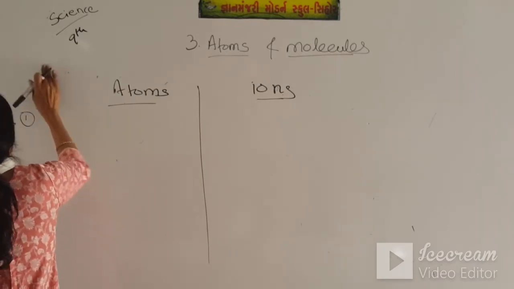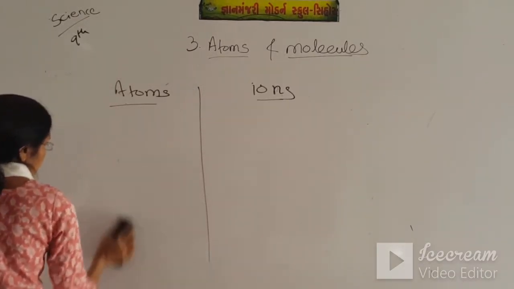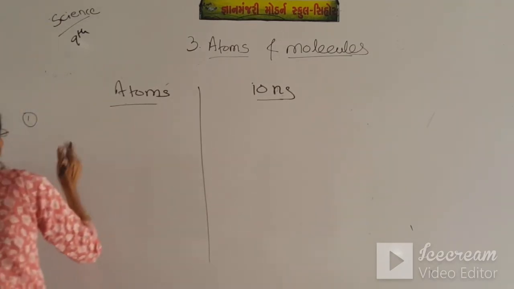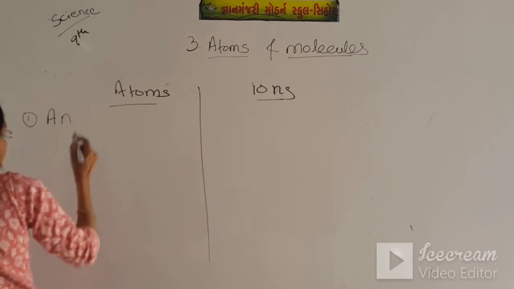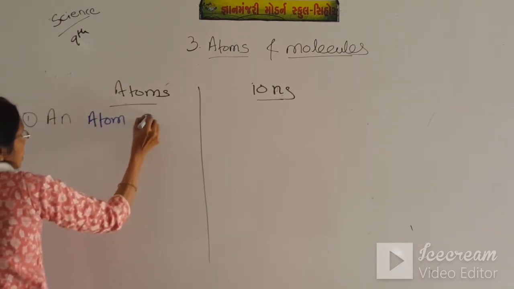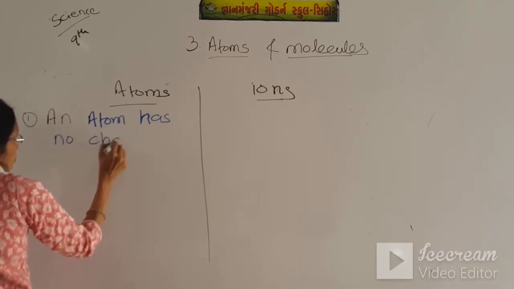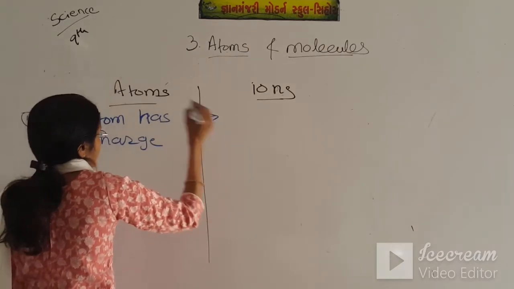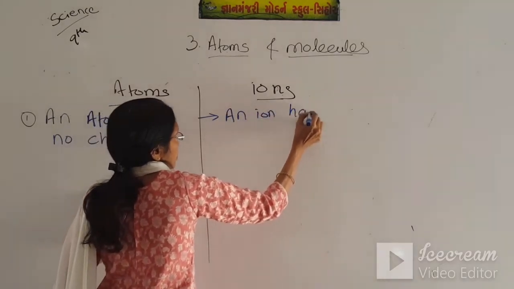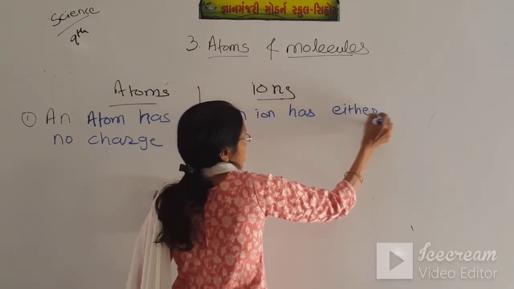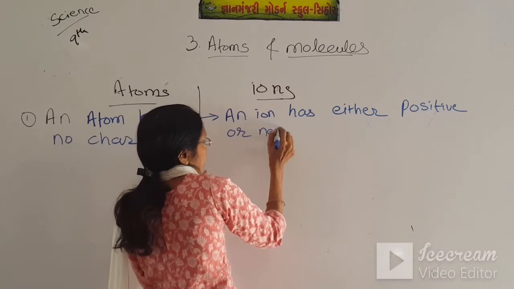Number 1. An atom has no charge and an ion has either positive charge or negative charge.